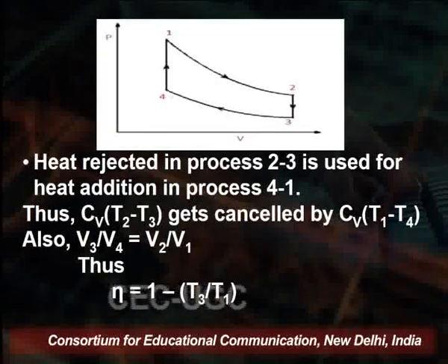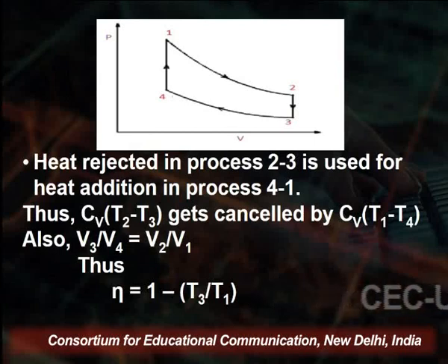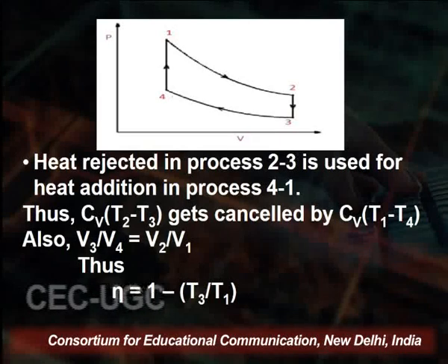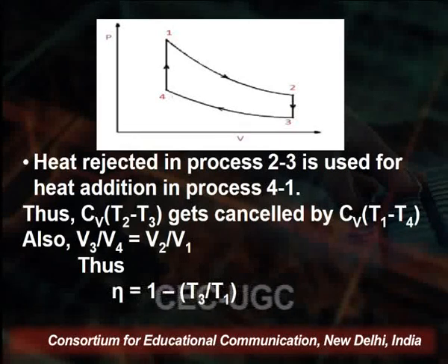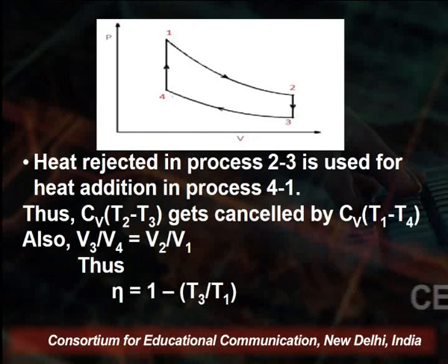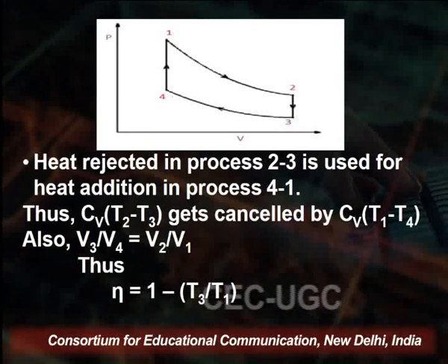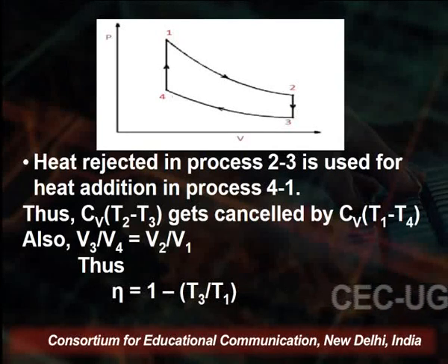After dividing them, we get an expression in which if we use the relation that the heat rejected in process 2 to 3 is used for the heat addition in process 4 to 1, the term CV (T2 minus T3) will get cancelled by CV (T1 minus T4).